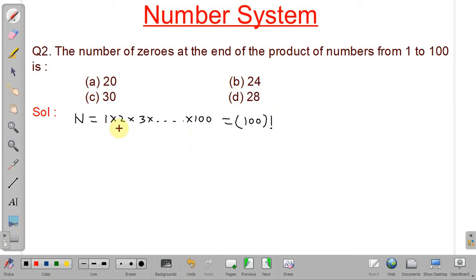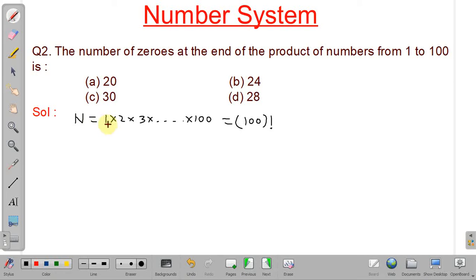Now we have to find the number of zeros, and we know that the product of 2 and 5 will give 1 zero. So if we know the total number of 2s and the total number of 5s, then we can calculate the number of zeros.